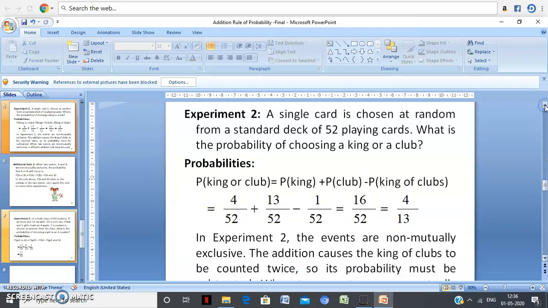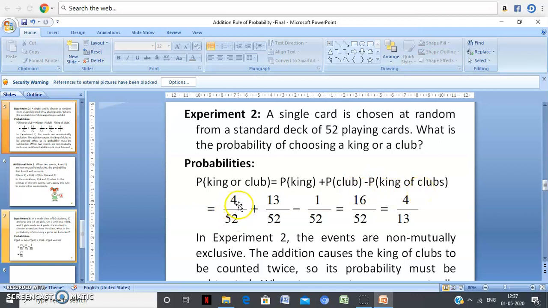Now, experiment 2. A single card is chosen at random from a standard deck of 52 playing cards. What is the probability of choosing a king or a club? Probability that it is a king or a club equals probability that it is a king plus probability that it is a club minus probability that it is the king of clubs.